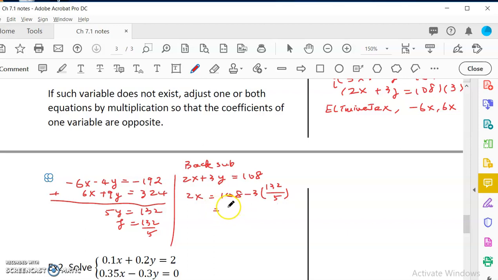So we would do 5. 108 times 5 is 540, minus 132 times 3, 396. So at the end, I would have 540 minus 396, 144 over 5, right?